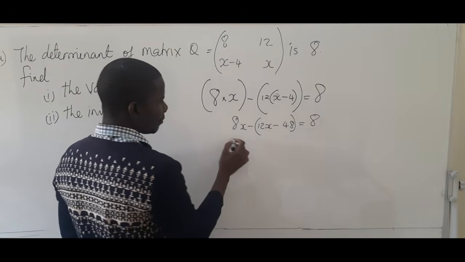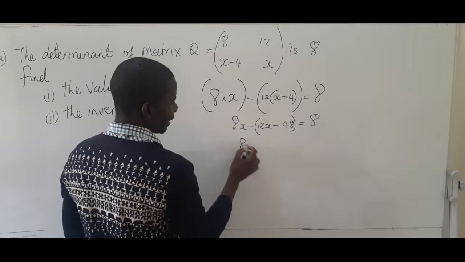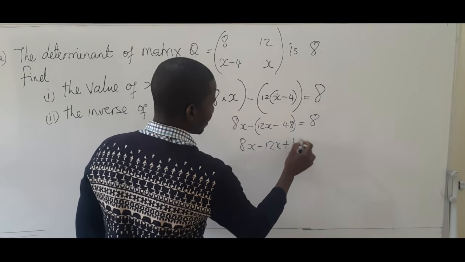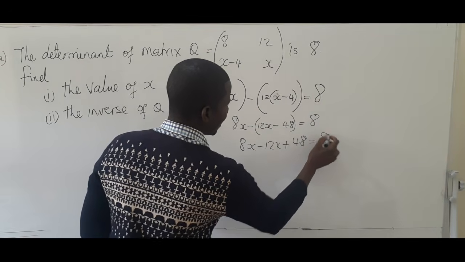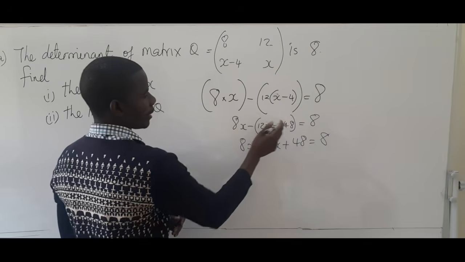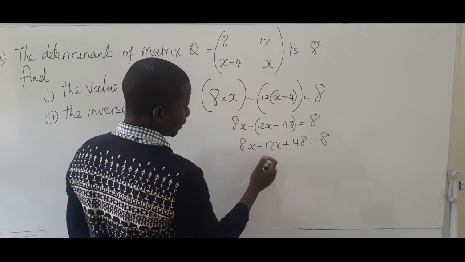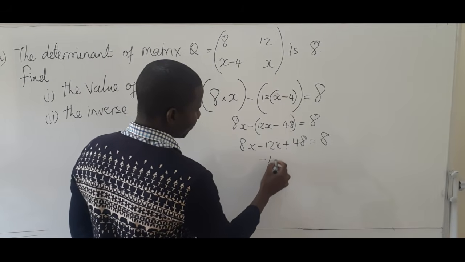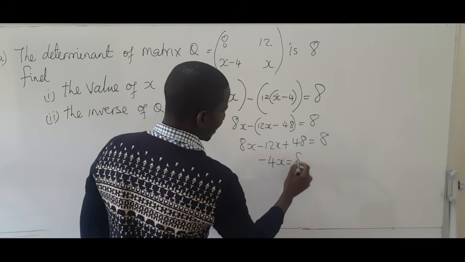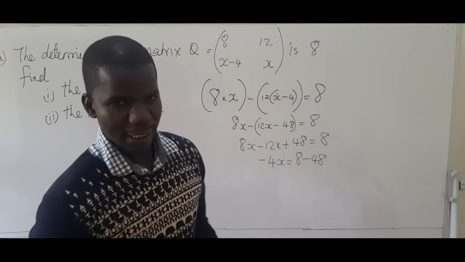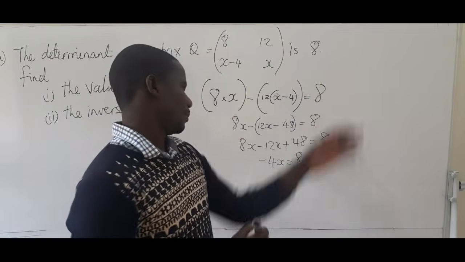Then we can further break it down as 8x minus 12x plus 48 equals 8. Here we get negative 4x is equal to 8 minus 48. The 48 has to go to the other side, and the additive inverse is a minus.